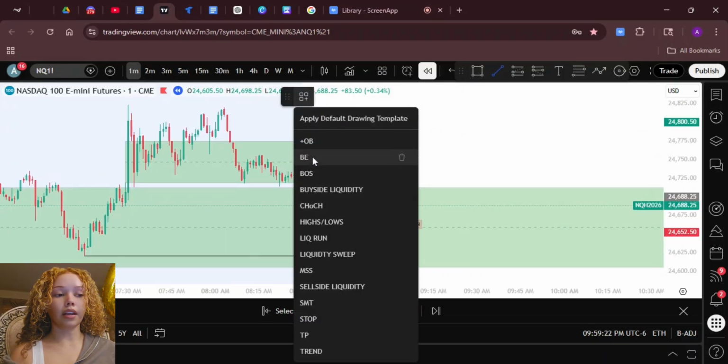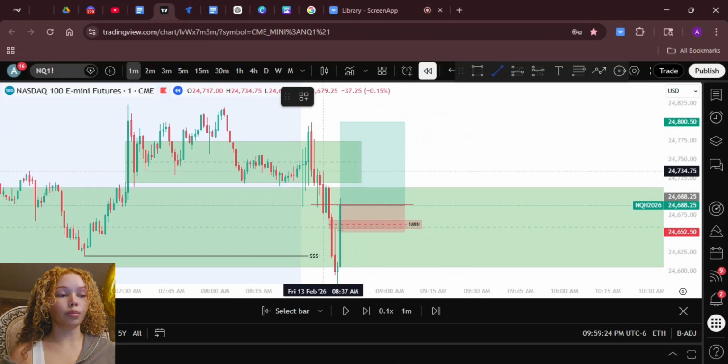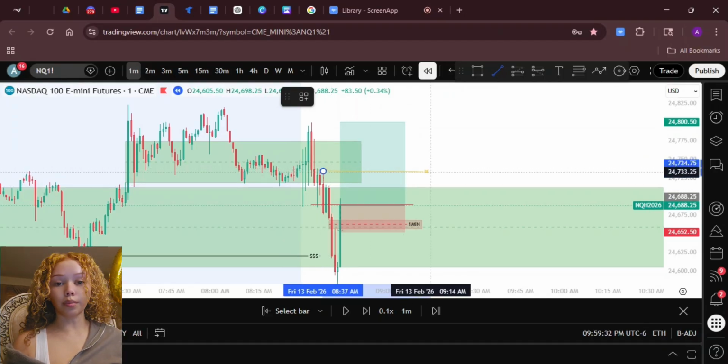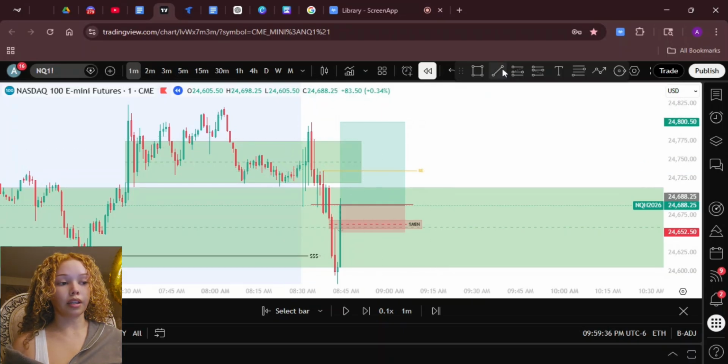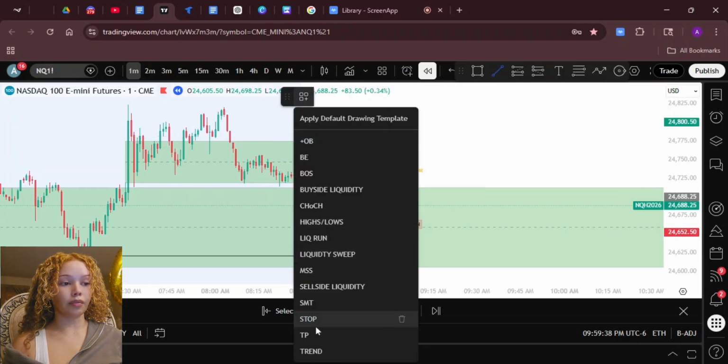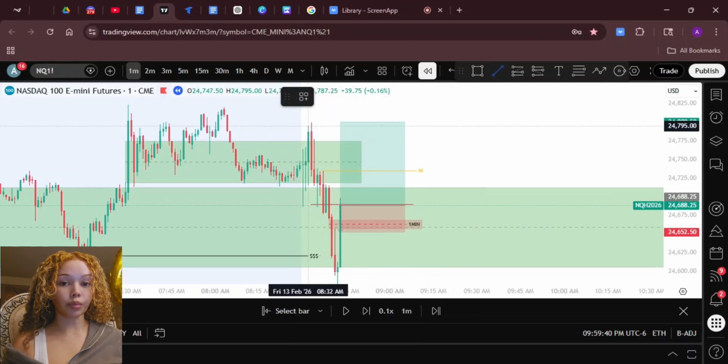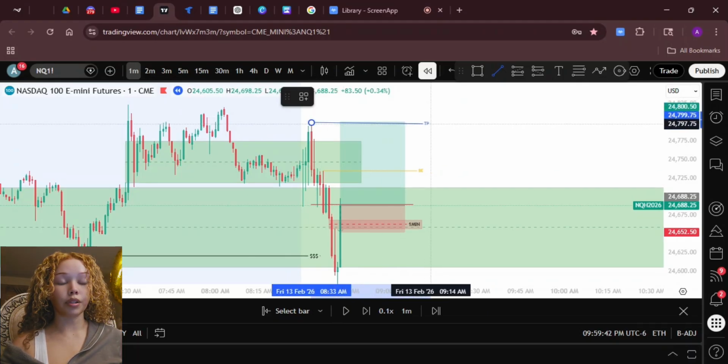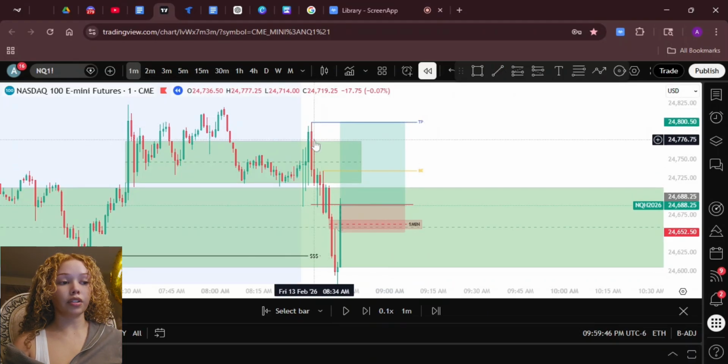Okay, and then you can place your break-even point at the next highs, which would be right there. And you can place your break-even point at wherever you feel comfortable and confident. This is just where I decided to place mine for this trade. Price was moving pretty good and it was pretty strong, so I felt confident that it was going to hit this take profit as well.